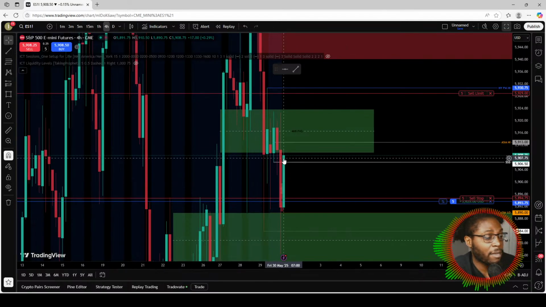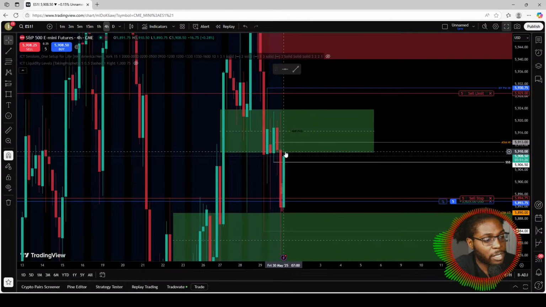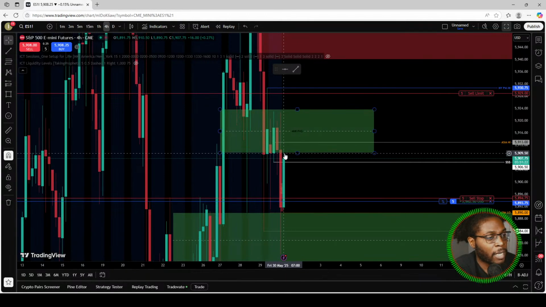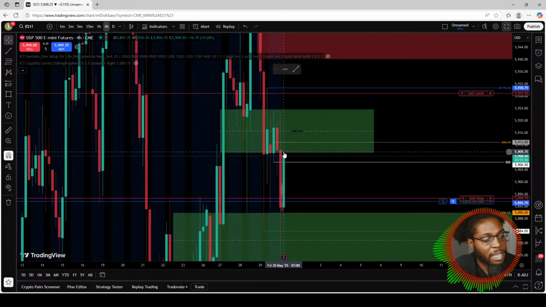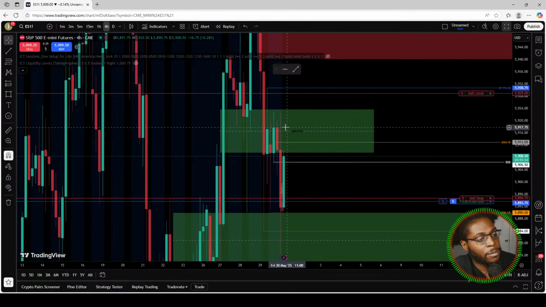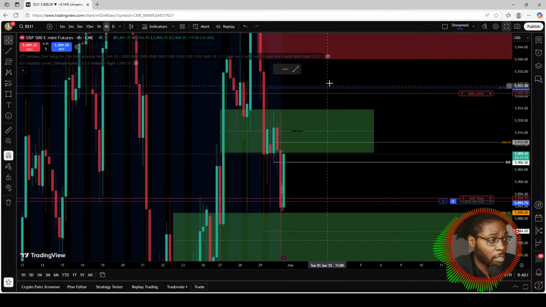So on a higher time frame, you know what I mean? That's kind of the battle too, like, okay, what is this area gonna do? And we technically did have small closures out of here and then kept coming back in. So again, for me, I feel like this area isn't too protected right now. It should be a little bit easier to get through.